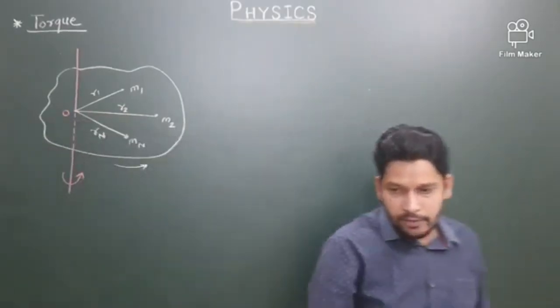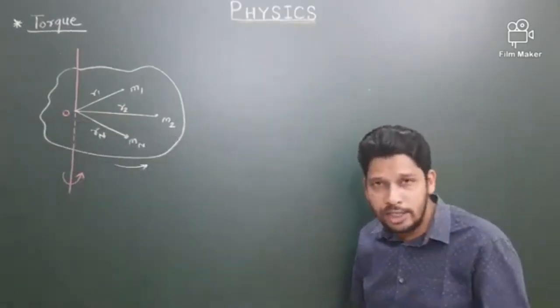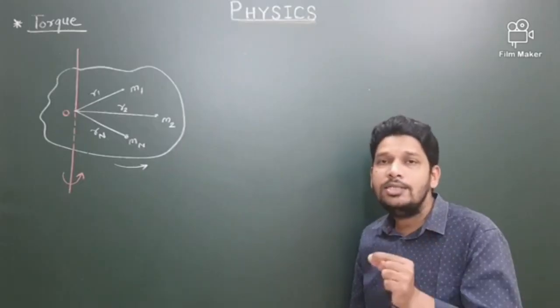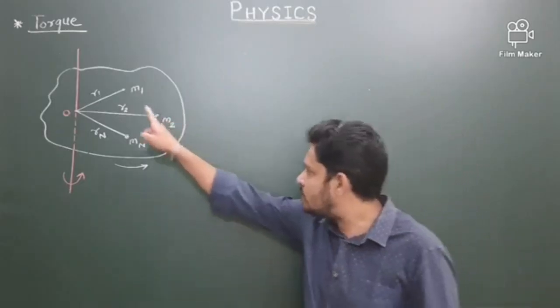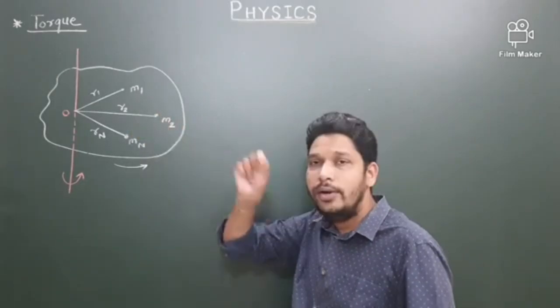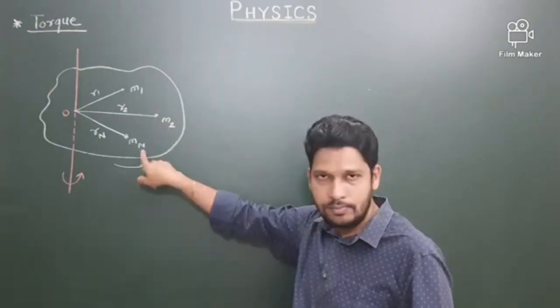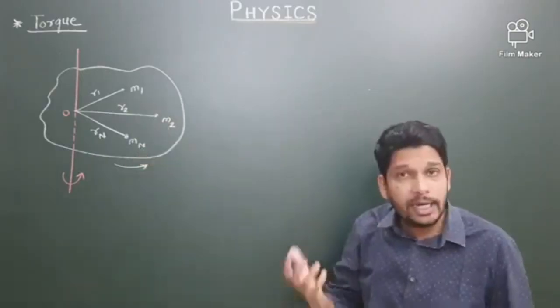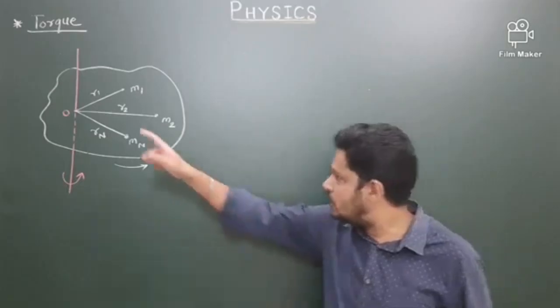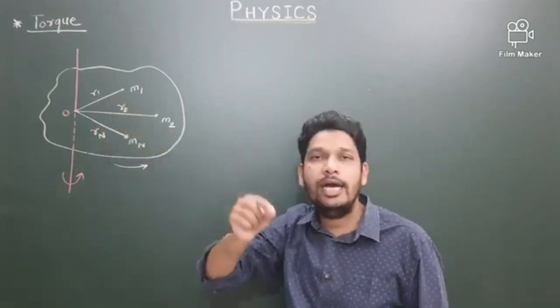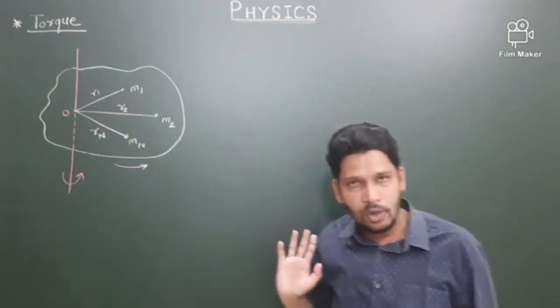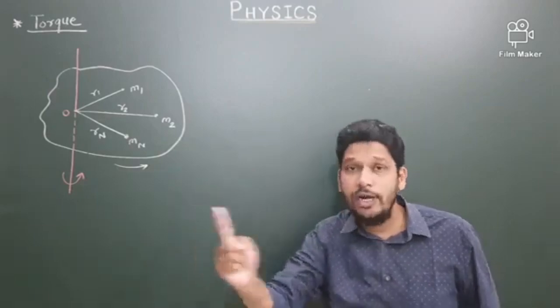So your first statement will be: consider a rigid body consisting of particles having masses m1, m2, up to mn, and the perpendicular distances from the axis of rotation are r1, r2, up to rn. And this body is rotating.